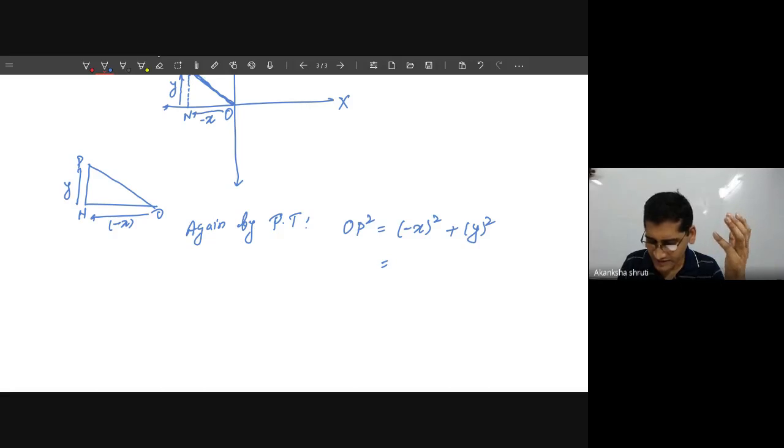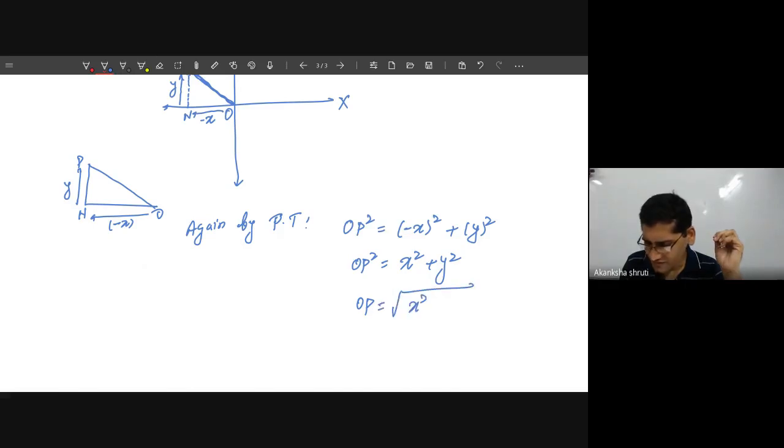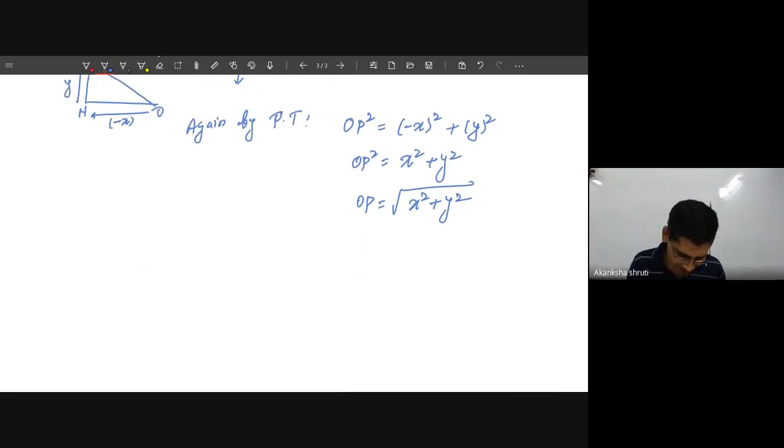So whether I write x square or minus x square, they mean the same thing. So this is our OP square, which means OP is still given by the under root of x square plus y square. So what is the generalization?